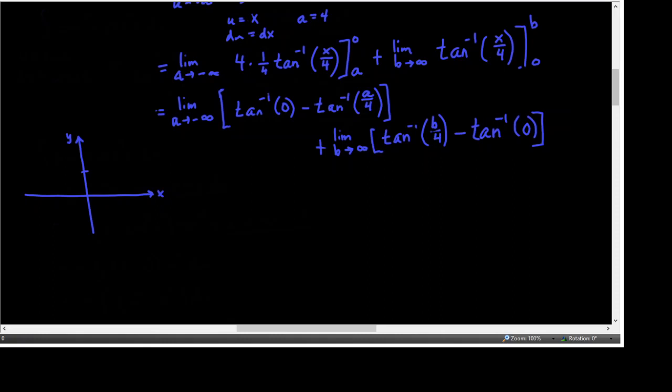So if you'll recall, what happens is the x and y switch, and so it's better to write the scale on the x-axis in terms of 1s and the y-axis in terms of pi over 2. And if you'll recall, the inverse tangent graph has horizontal asymptotes at y equals pi over 2 and y equals negative pi over 2. And the inverse tangent graph looks like this.